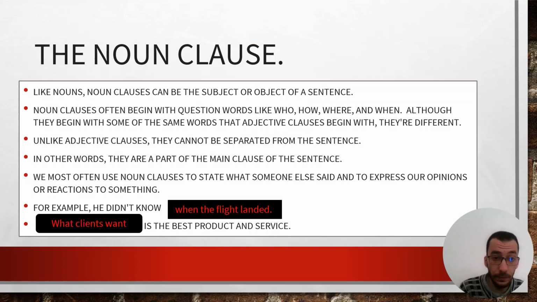The last one is the noun clause. A noun clause, like a noun, can be the subject or object of a sentence. Noun clauses often begin with question words like who, how, where, and when, although they begin with some of the same words as adjective clauses.